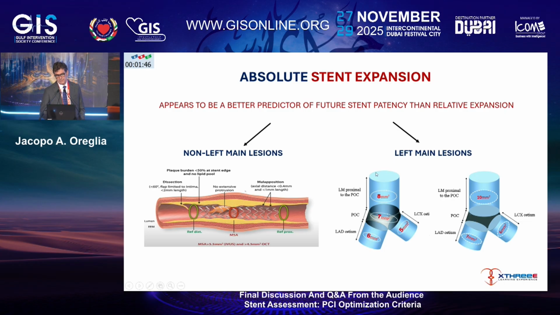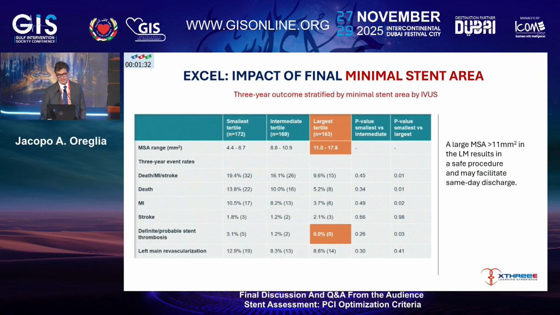You know that there was a study from East Asia that set the rule of 5, 6, 7, 8. Now the rule is 6, 7, let's say 6, 7, 11. If we watch the results of the EXCEL trial, we saw that a minimal stent area more than 11 square millimeters in the distal left main was associated with almost no adverse events and with 0 acute adverse events like stent thrombosis.